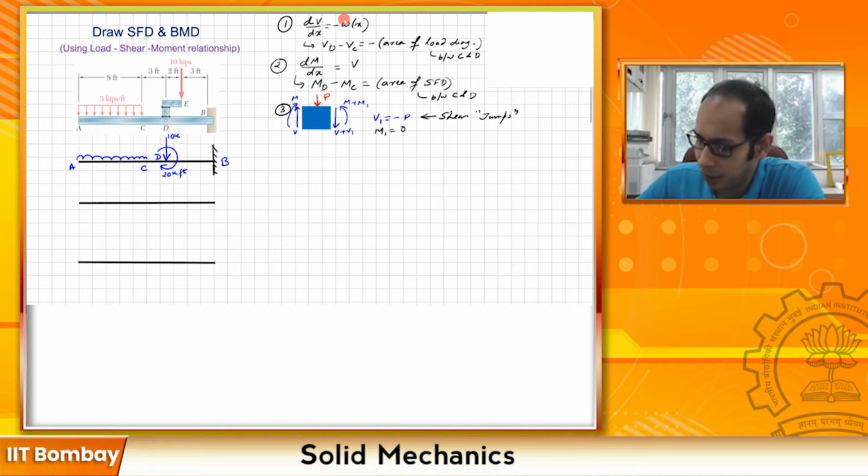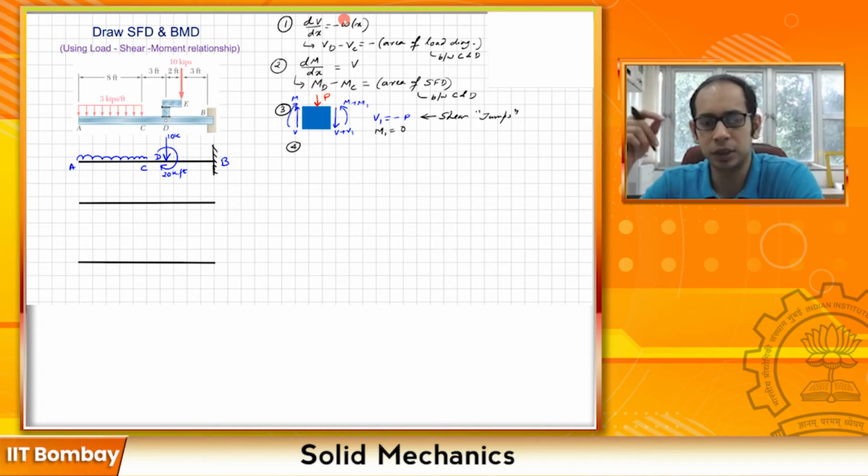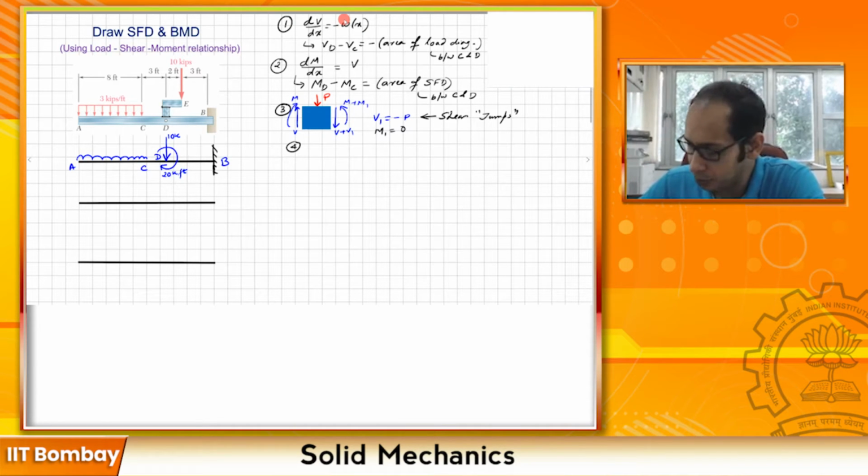And lastly, we had our relationship number 4. The relationship number 4 was as a consequence of the point moment. So if I take a similar element again, and if you have a point moment on top, and again you have the V, you have the M, you have the V plus V1, M plus M1.